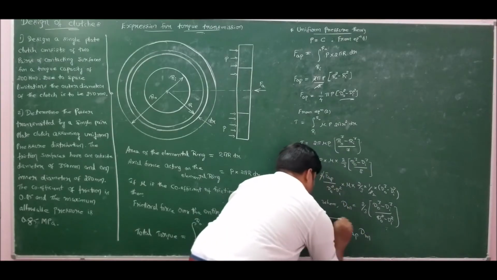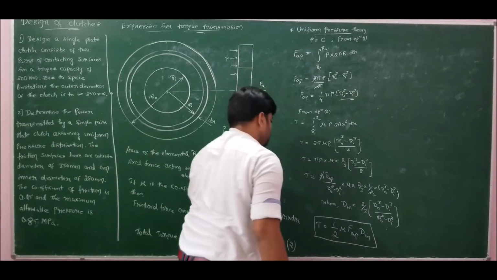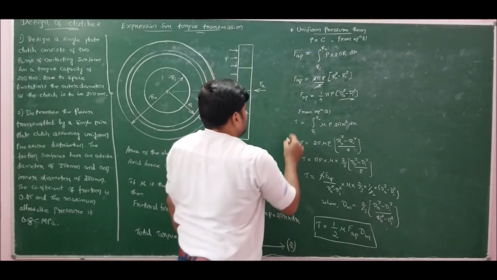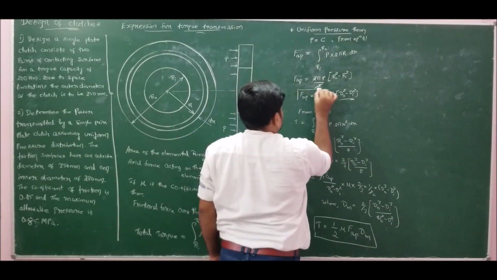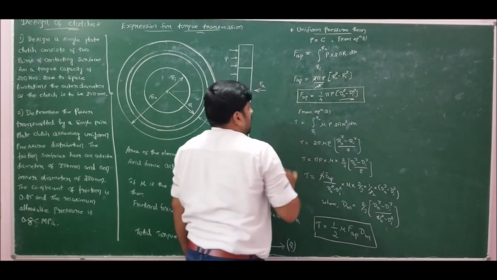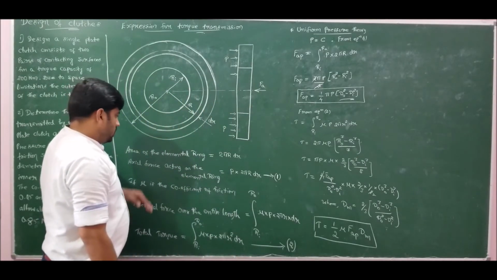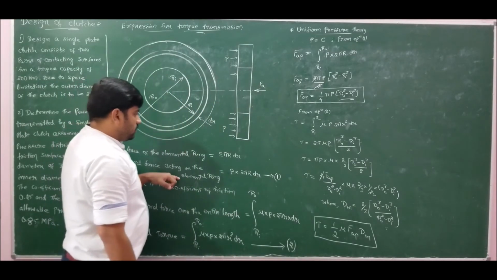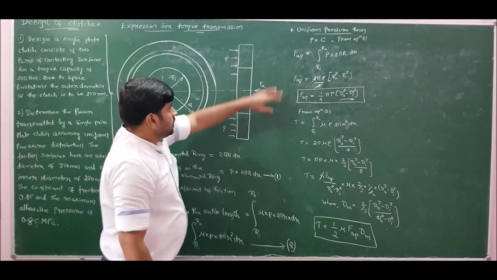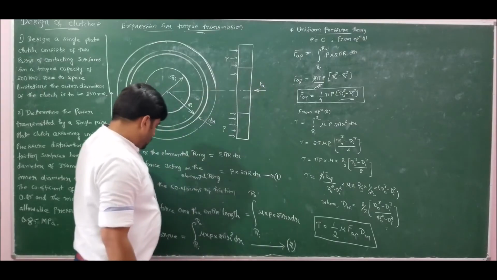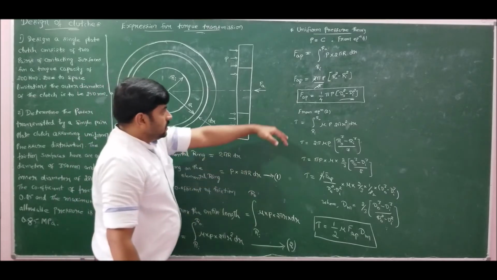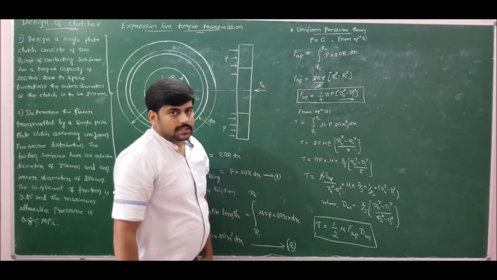So this is the expression for frictional torque based on uniform pressure theory, and this is the expression for total axial force based on uniform pressure theory. So we know for elemental length, for total I will integrate it over the radius Ri to R0, we know total torque. So if I integrate and solve, I will get this answer.